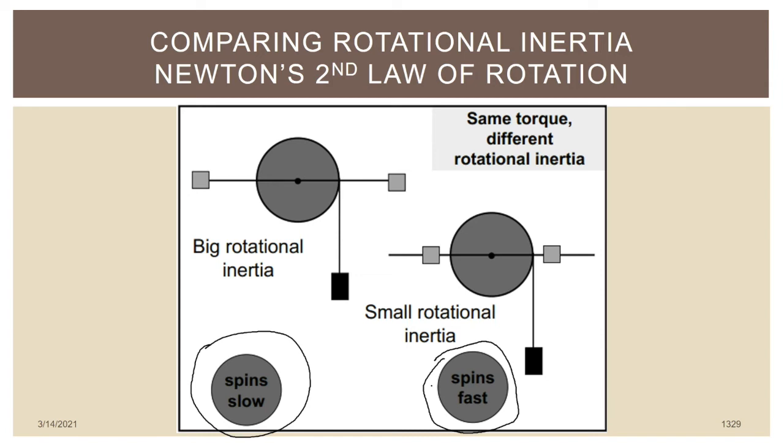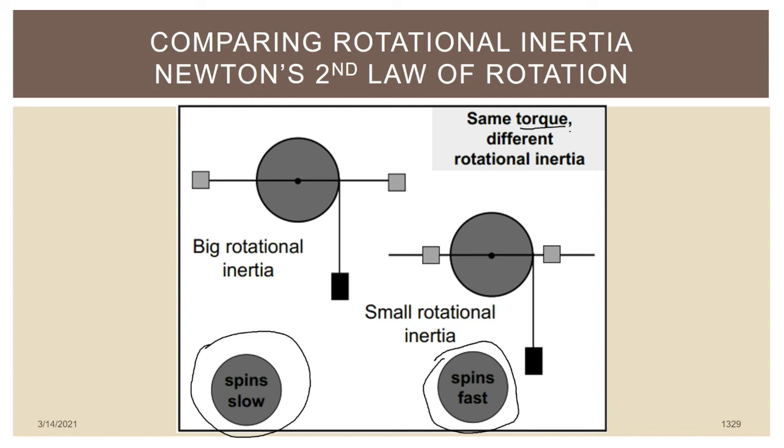The key thing to remember is that rotational inertia is all about an object's resistance to rotational acceleration, or angular acceleration. And so the point here is that if you have more rotational inertia, you get a smaller angular acceleration. And if you have less rotational inertia, you get more angular acceleration when you have the same torque.